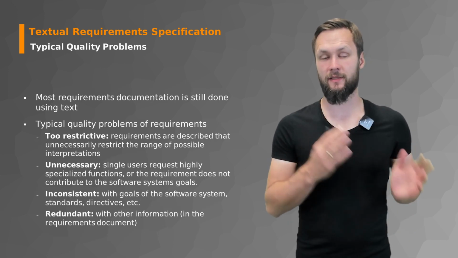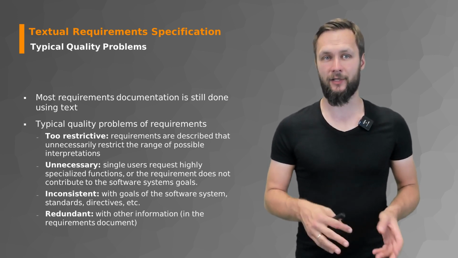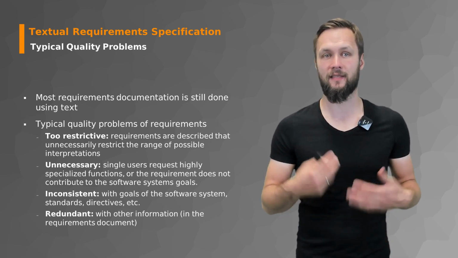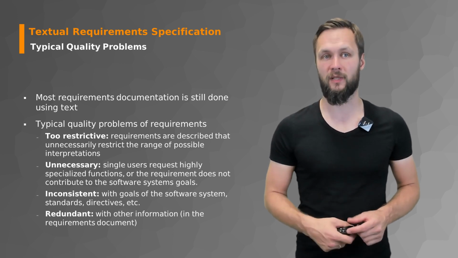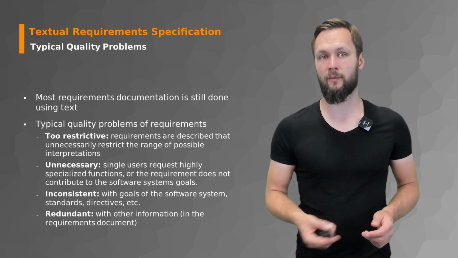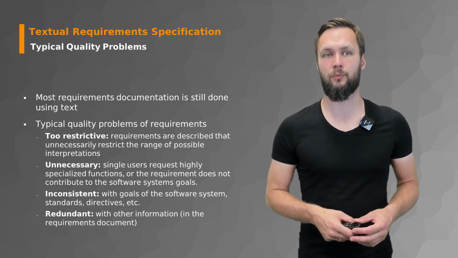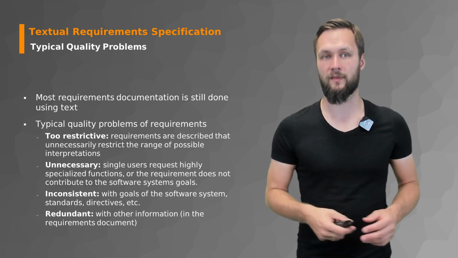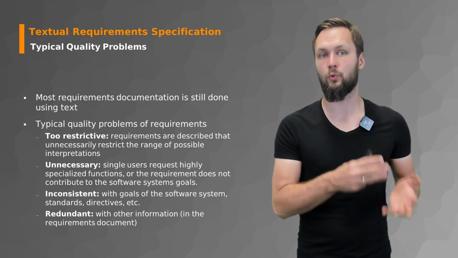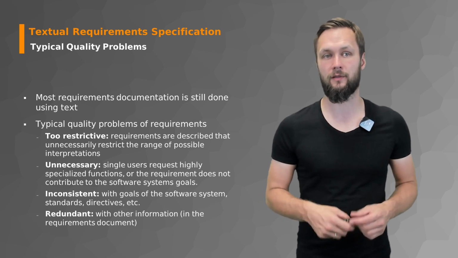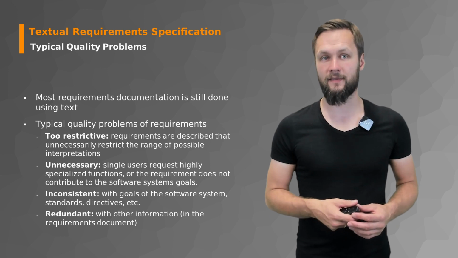So besides the different types and categories of ambiguities, textual requirements documentation has some general quality problems that you as the requirements engineer should be aware of, because most requirements nowadays are still documented using text. And there are a few typical problems, like the fact that requirements are described unnecessarily restrictive, so too much text for too little range of error, or that there are unnecessary requirements.